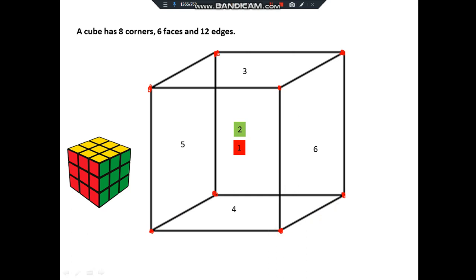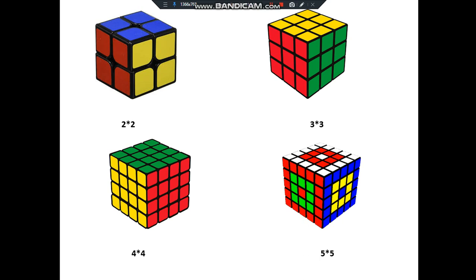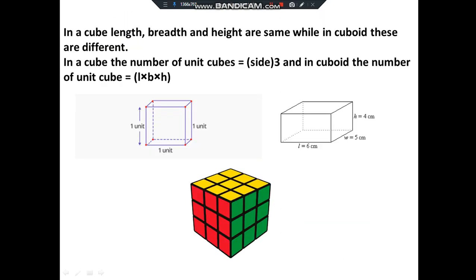Here I have shown a few varieties or dimensions of cube: 2 by 2, 3 by 3, 4 by 4 and 5 by 5. This is how they look. Now, you have to know the basic difference between a cube and a cuboid. In a cube, the length, breadth and height are all the same, whereas in a cuboid, they differ.